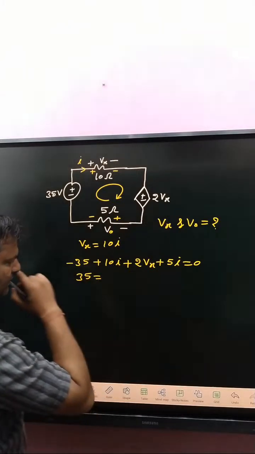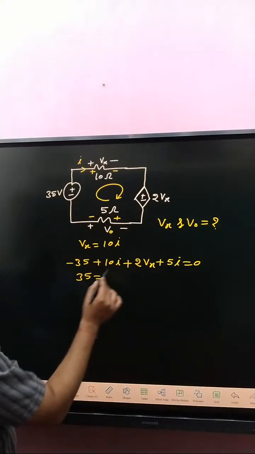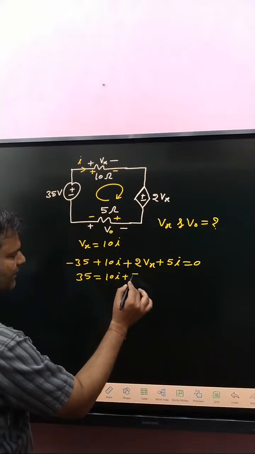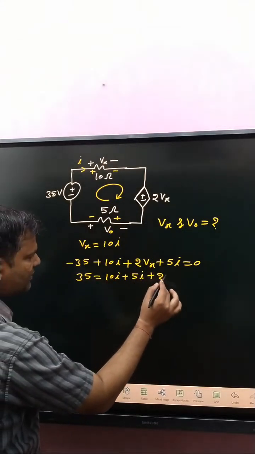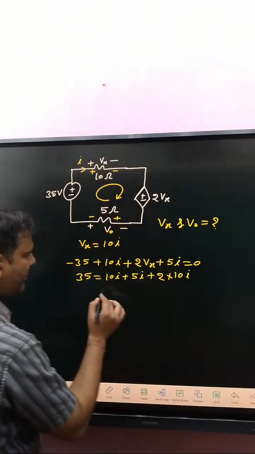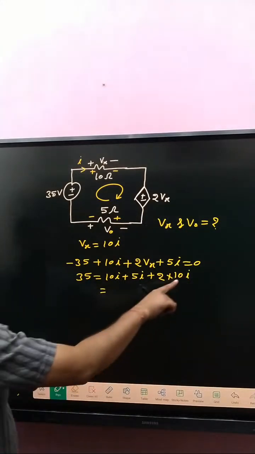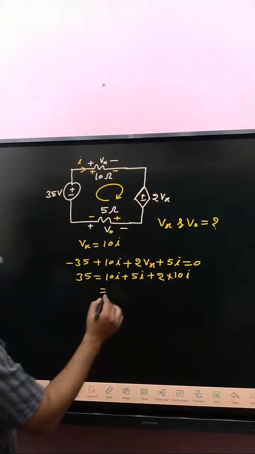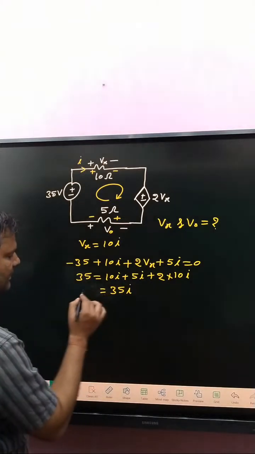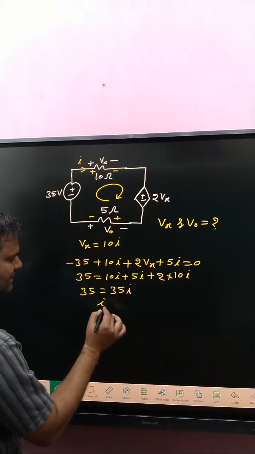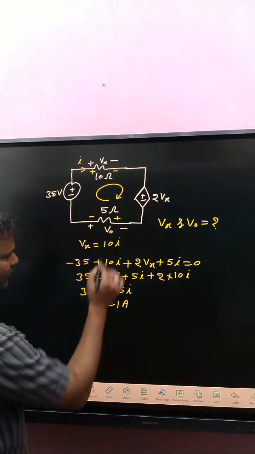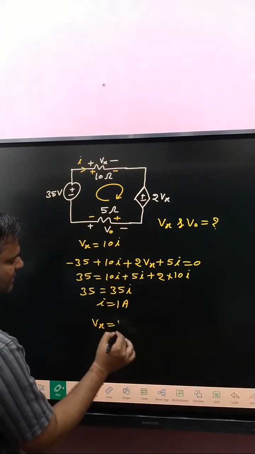Vx is also written here as 10I, so 10I plus 5I plus 2 into 10I. That is 20 plus 10 plus 5, finally we got 35I. So we got 35. So I is how much? 1 ampere. And now put that value here. So Vx is how much? Plus 10 volt.